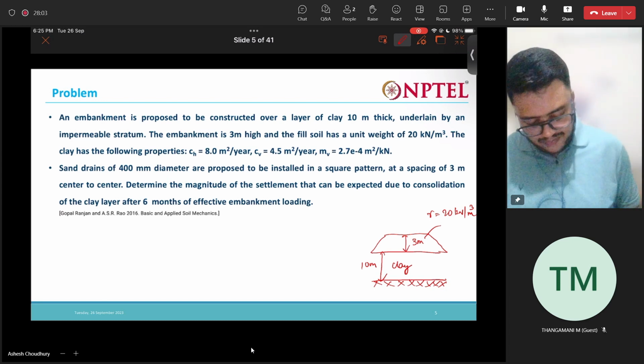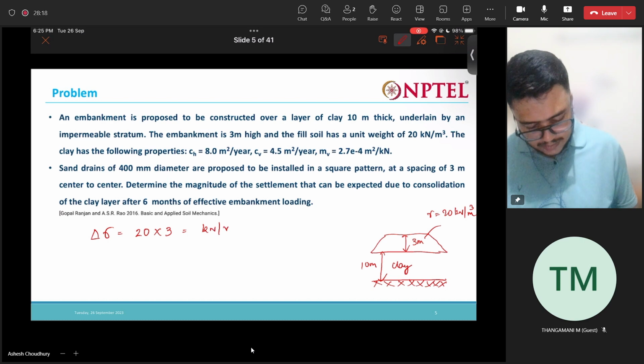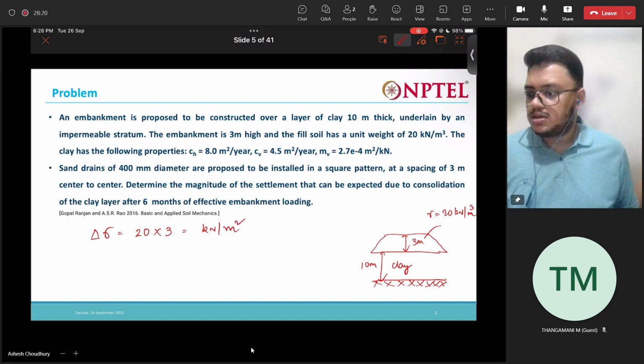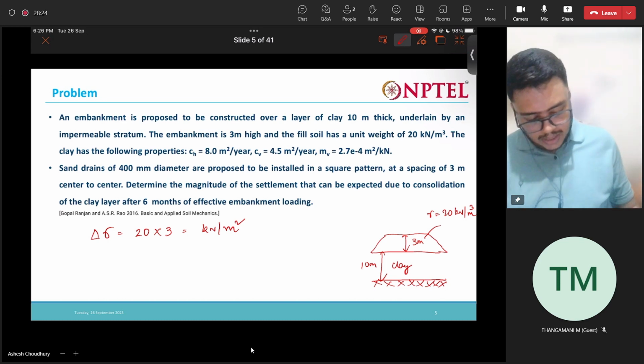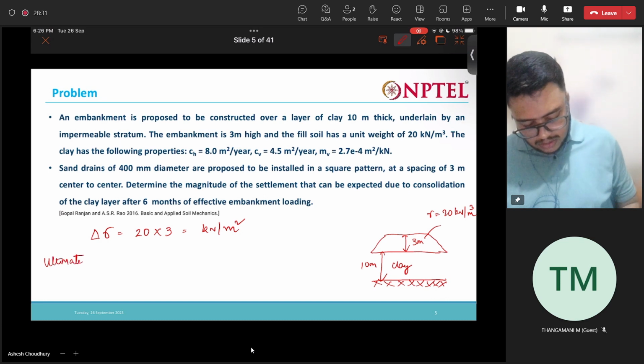So what is the effective stress that this embankment is going to generate? 20 times 3, that is 60 kilonewton per meter square.